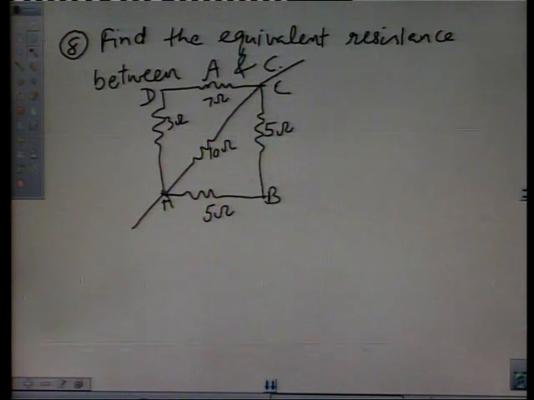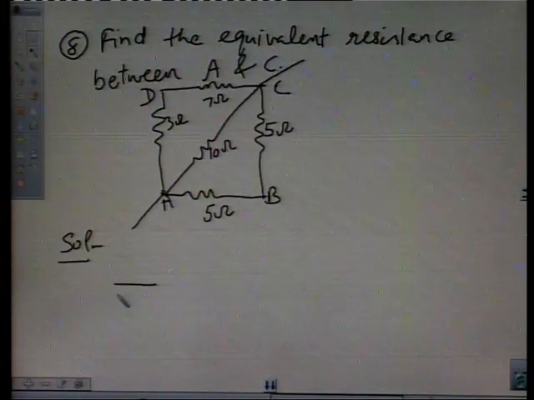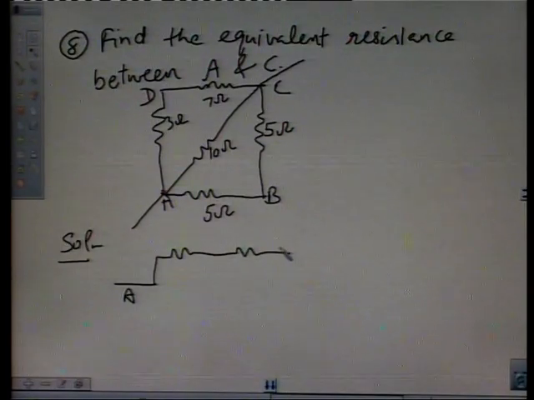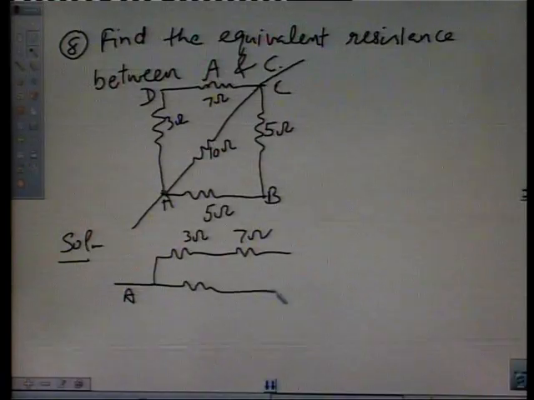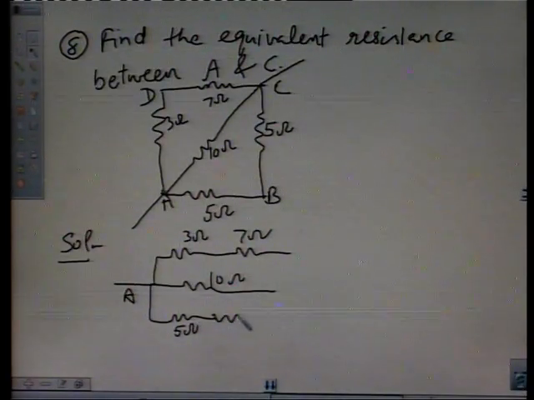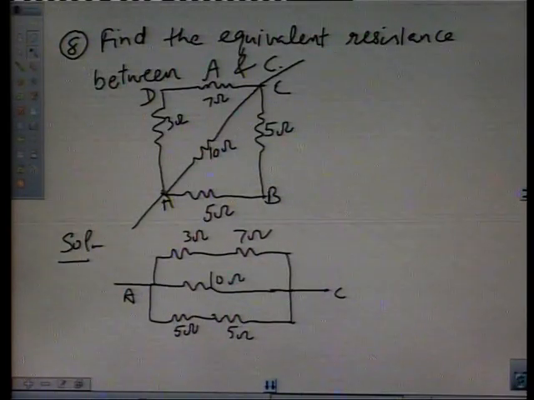Now we can draw it again, like we take here the point A and this is 3 ohm resistance, 7 ohm resistance, these are connected in series, and here is 10 ohm resistance, and below we have two resistances, 5 ohm resistance and 5 ohm resistance, which are again in series. So we have redrawn this circuit to simplify it.